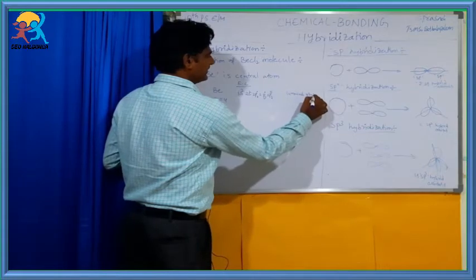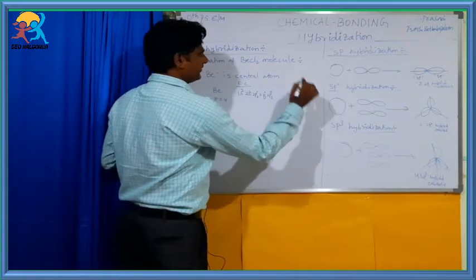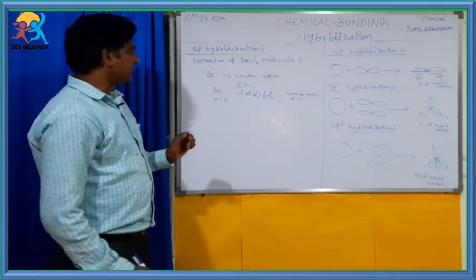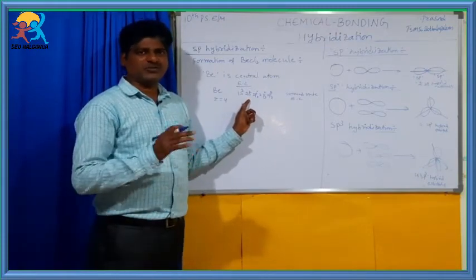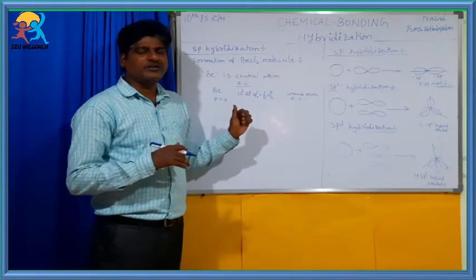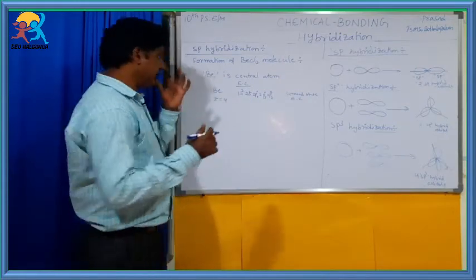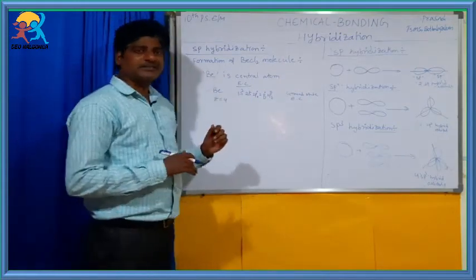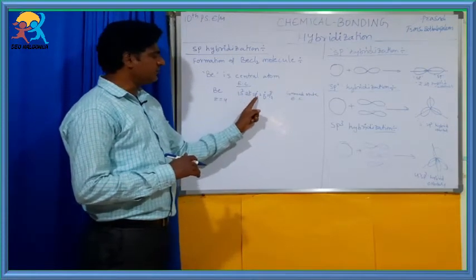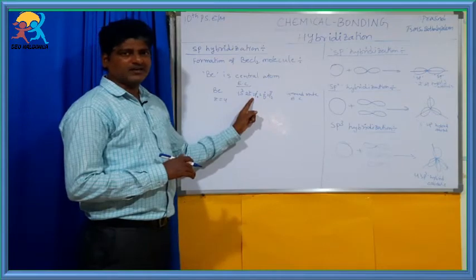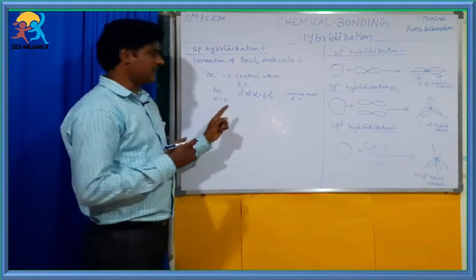In the ground state, it doesn't have unpaired electrons to form the bond, so it goes to the excited state. In the excited state, what happens?